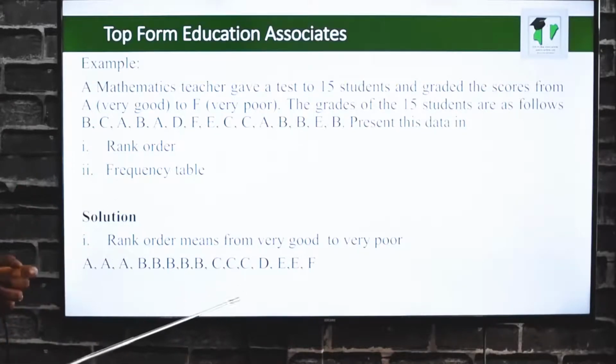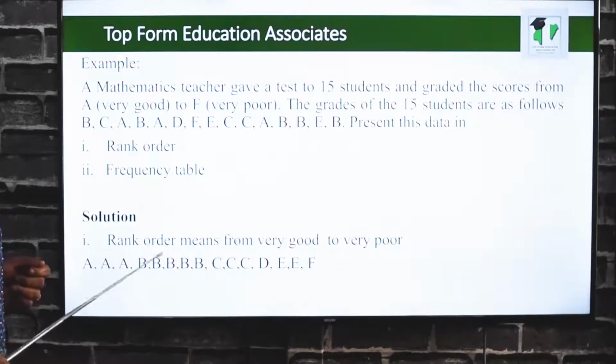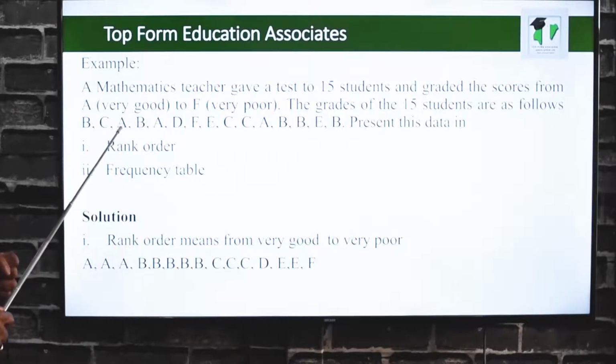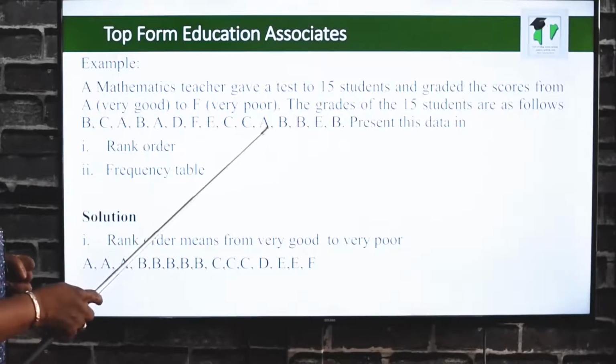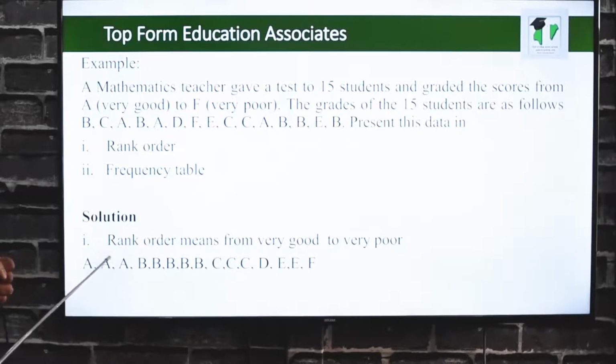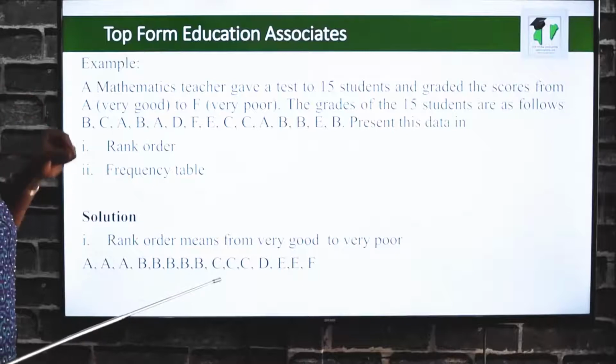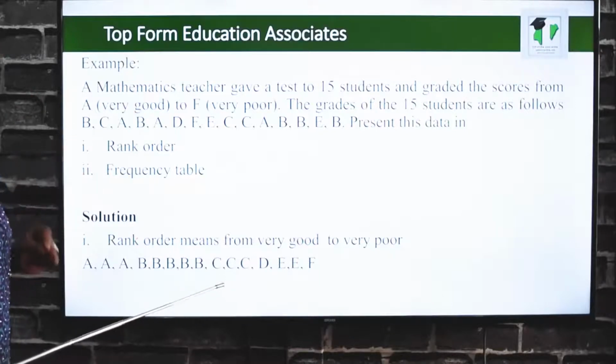So, solution. In rank order, the grades will now be A. Why? We have A1, A2, A3. So A occurred 3 times. Remember, each grade must be represented.